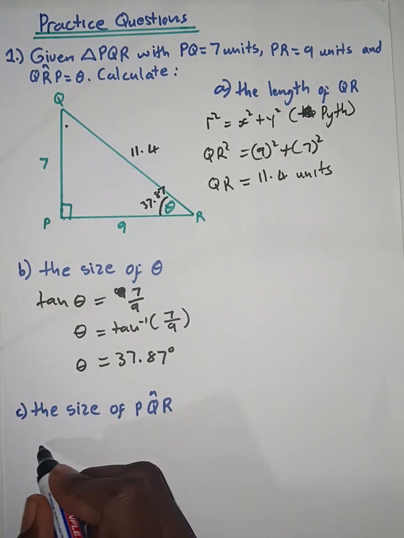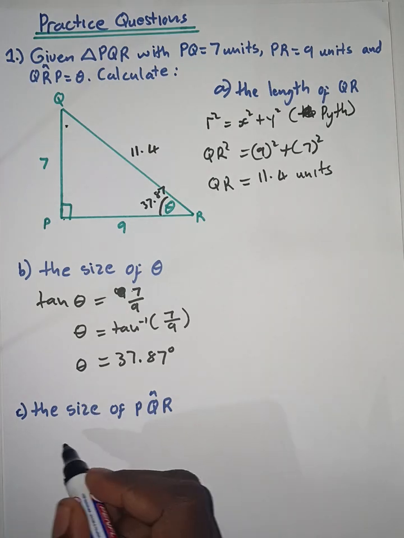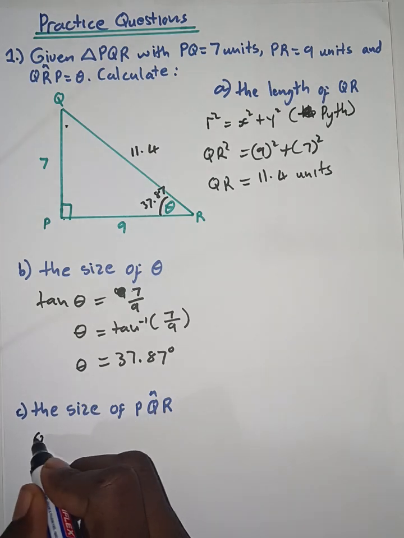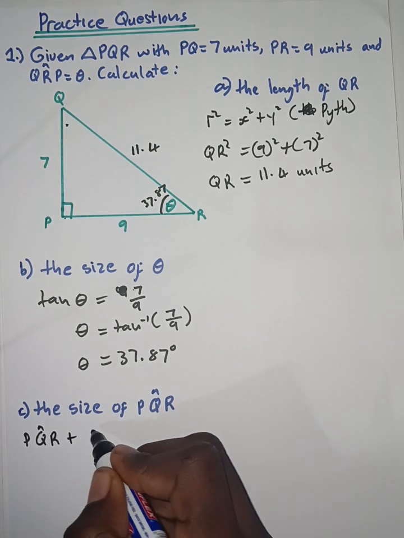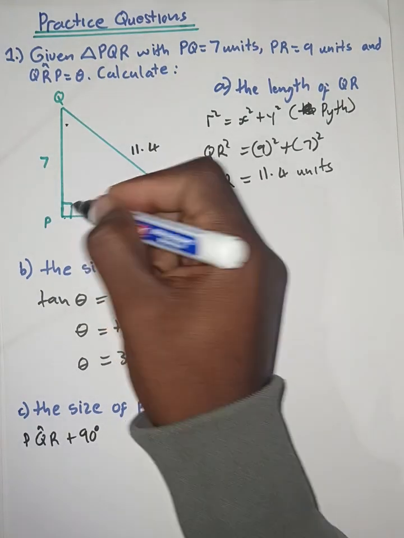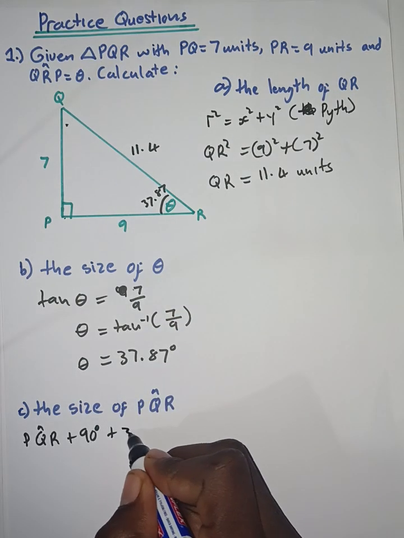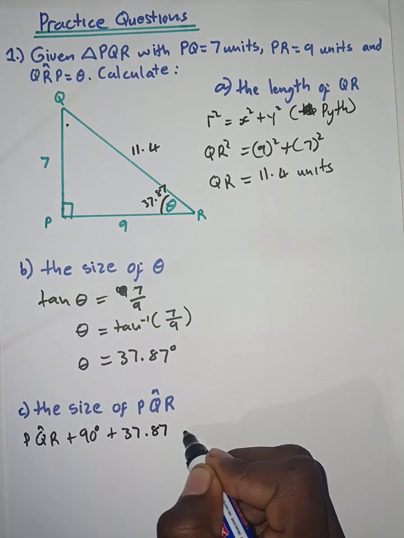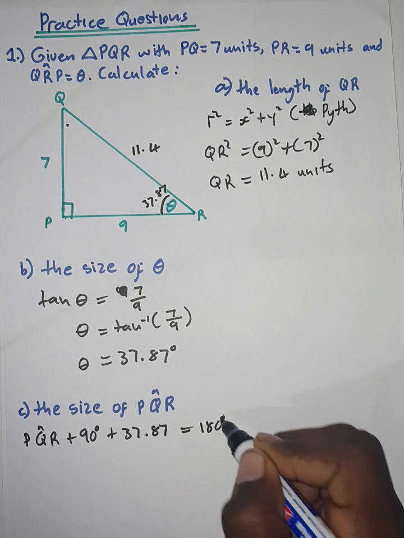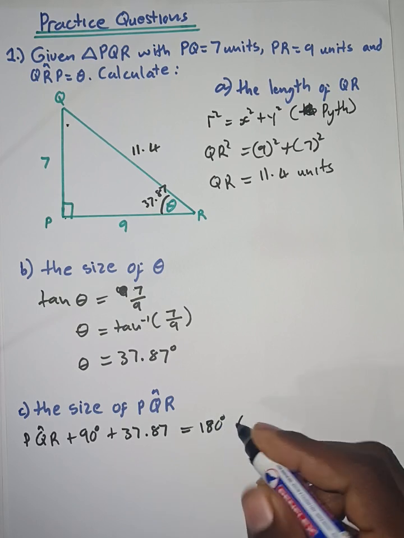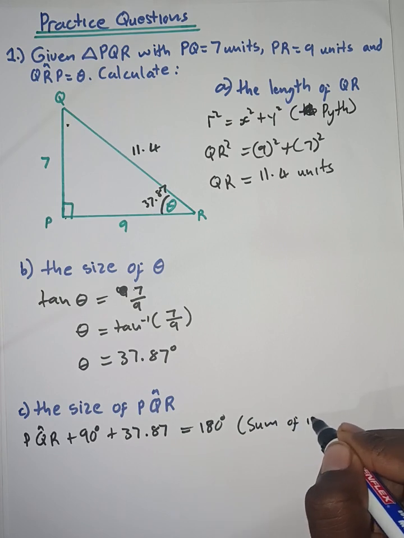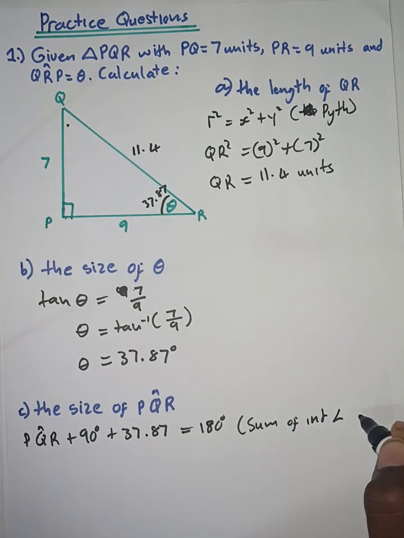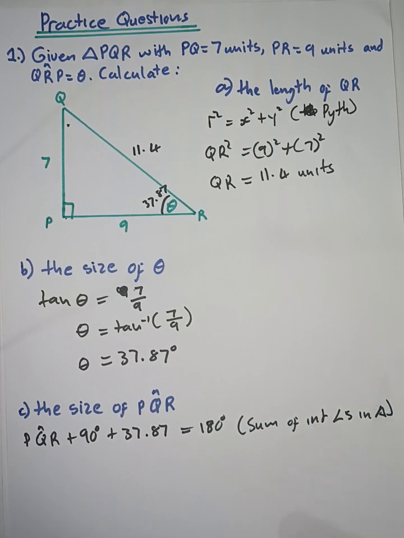So PQR plus that 90 degrees there plus 37.87 would be equal to 180. And you must give a reason, that's the sum of the interior angles, angles in a triangle. That would be the reason that you give there.